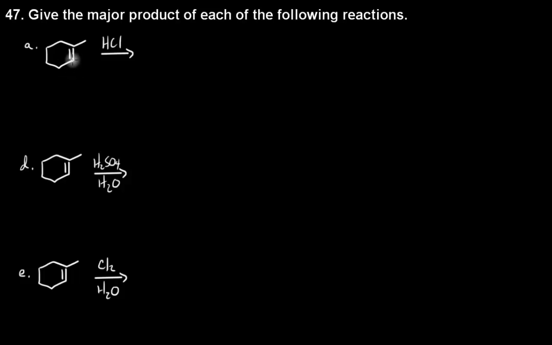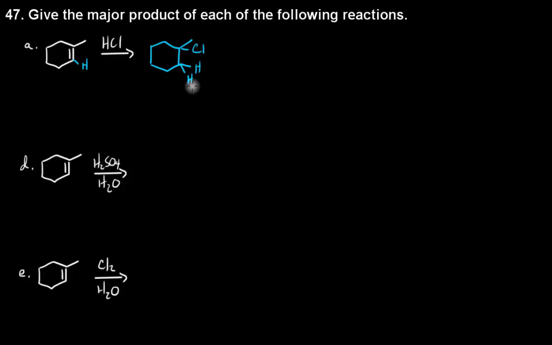So just going through that, this carbon down here has 1, this one has 0. So H is going to go here, chlorine is going to go here. So if we redraw this, we would draw the product like this, where we have 2 hydrogens right there, and the chlorine on top.